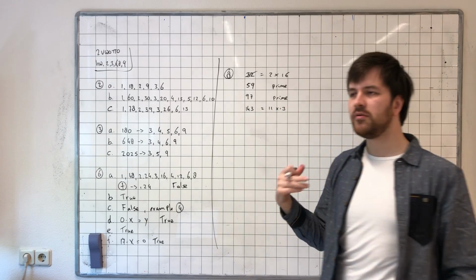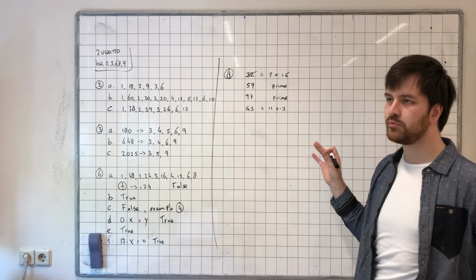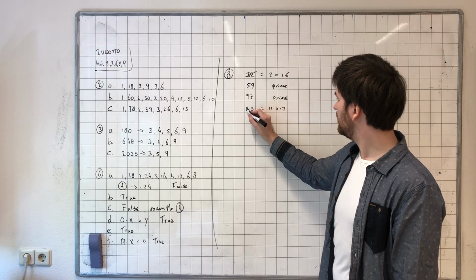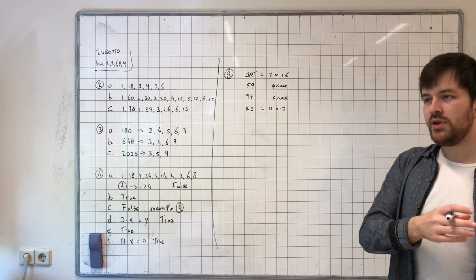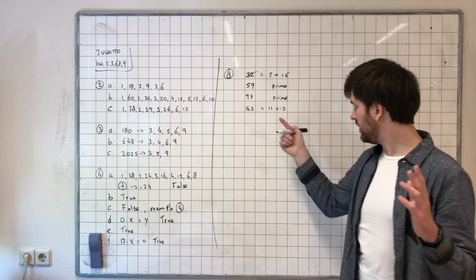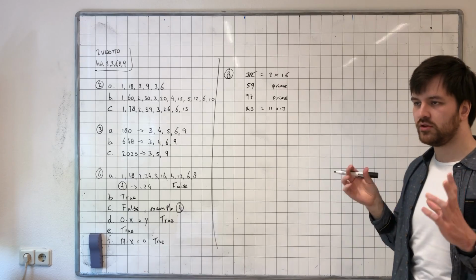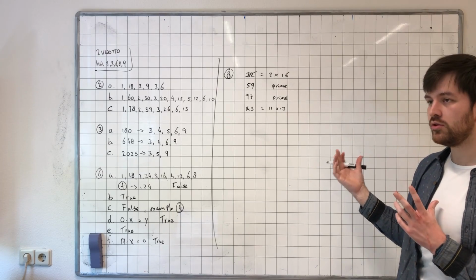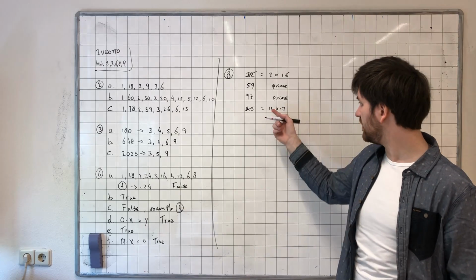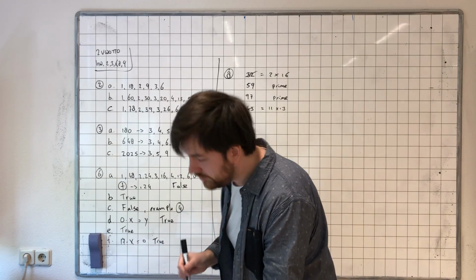So maybe some of you actually wrote down this is a prime number, because this is pretty hard to find. This idea of using prime numbers to find bigger numbers is also used in encryption, because it's really difficult to find these two factors.